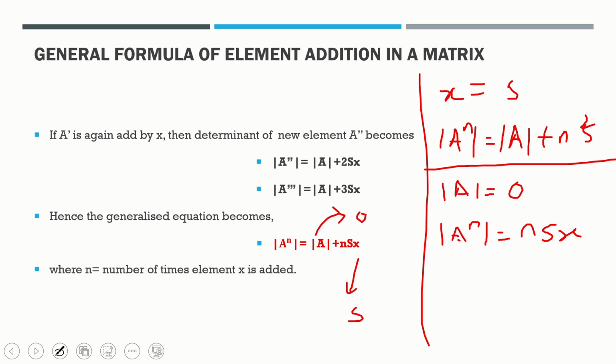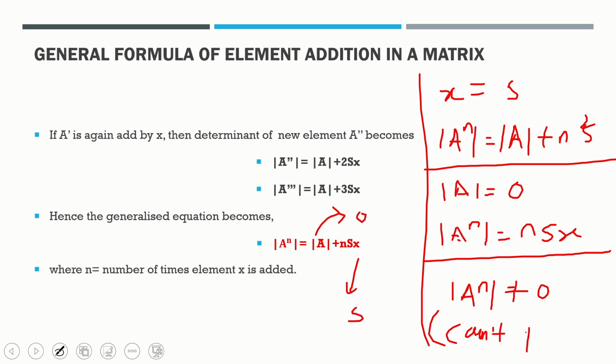We cannot predict. Why? Because it's not necessary that every successive a power n determinant will be 0.